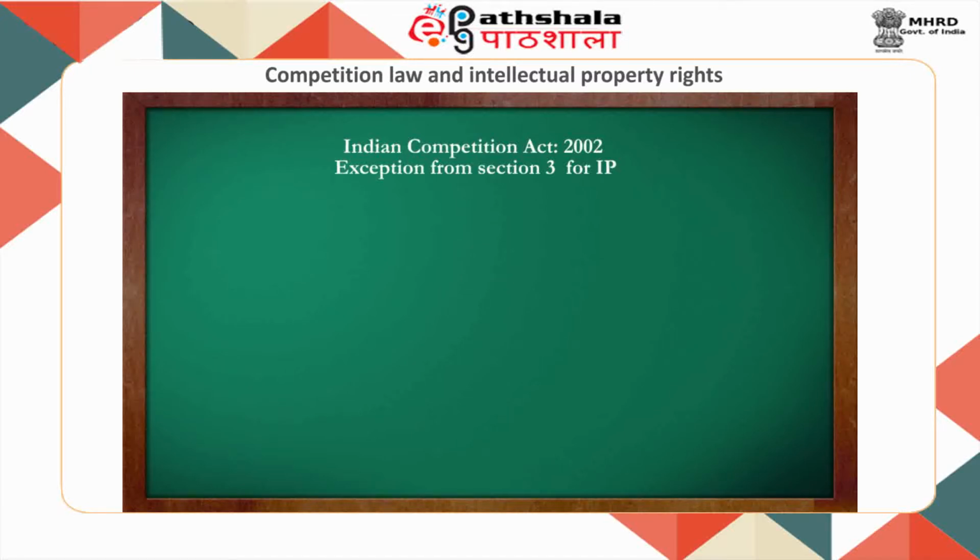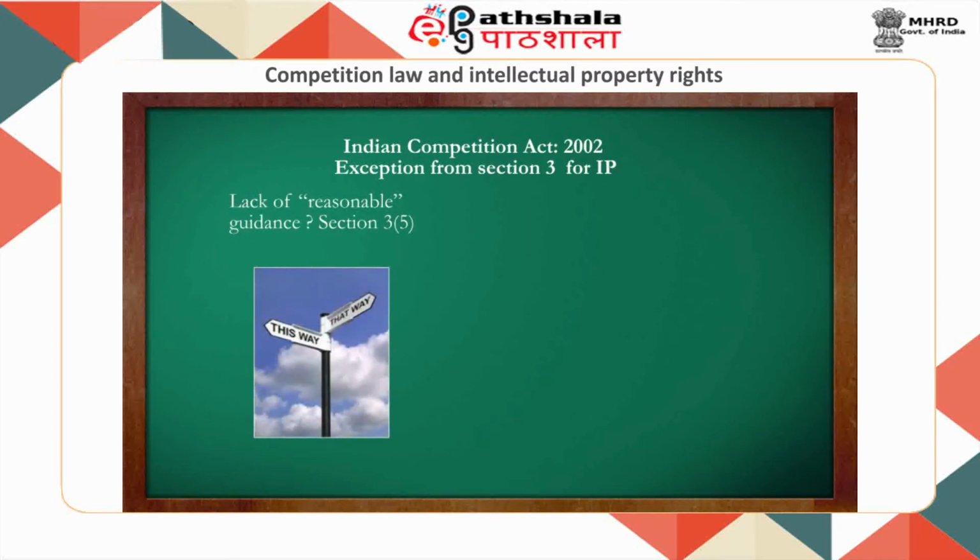However, there is a lack of any effective guidance in relation to what is meant by unreasonable licensing practices, because a patent holder is allowed to take all reasonable measures within the scope of patent law to protect his intellectual property. The Act, Section 3.5, makes an exception only with reference to unreasonable conditions.